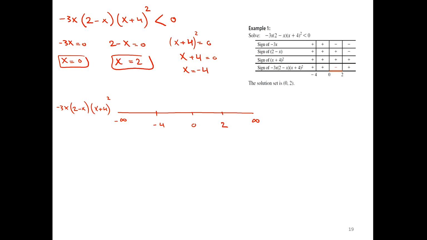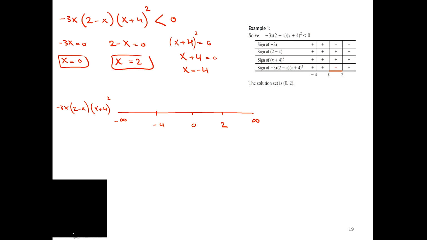How many regions is the real line divided into? We have 1 from minus infinity to negative 4, the second from negative 4 to 0, from 0 to 2, and from 2 to infinity. So we have 4 regions.